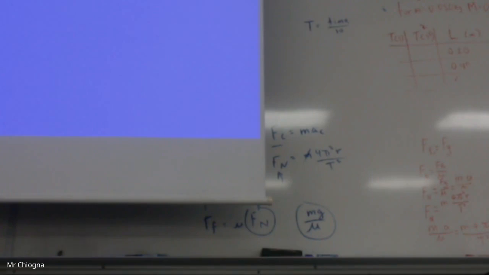Oh, wait, no. No, it's 2 kilograms, right? This is mass and mass, so gravitational constant is divided by two.